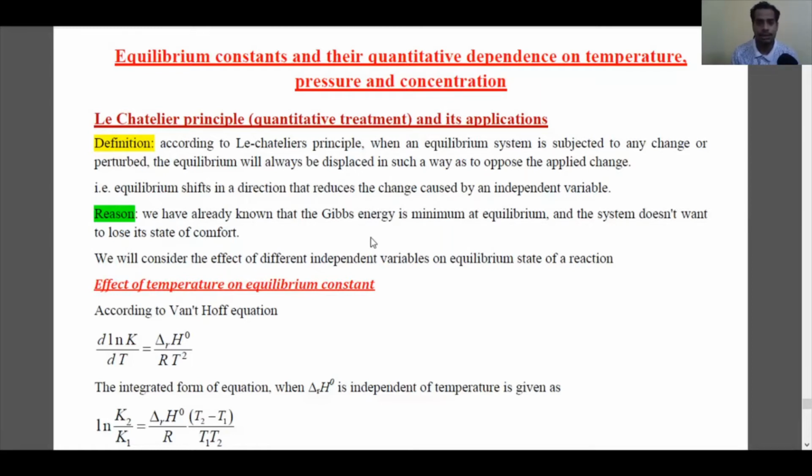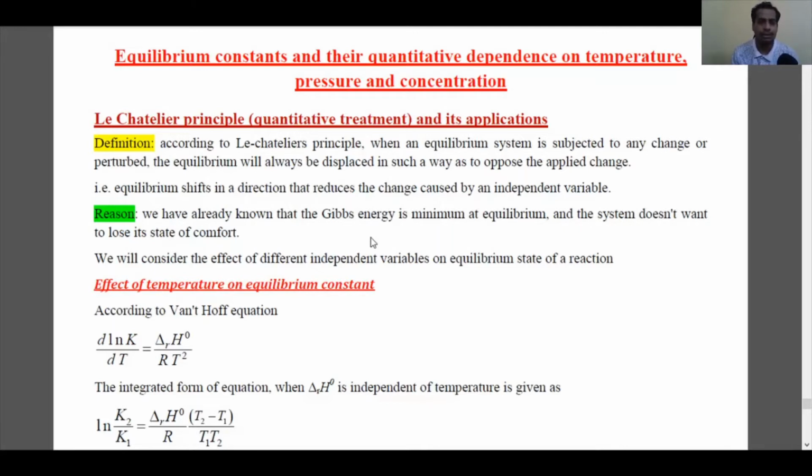What is an independent variable? It may be temperature, pressure, inert gas or concentration. We will discuss these four independent variables: temperature, pressure, addition of inert gas, and initial concentration of the reactants, during this session.